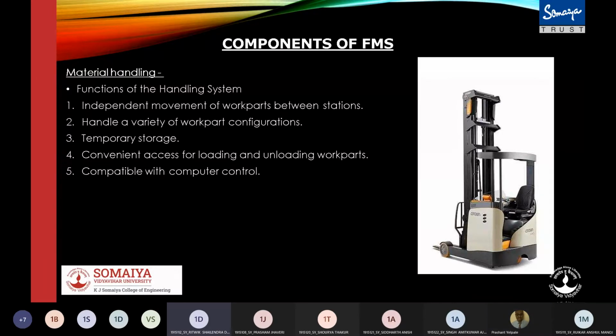They also handle multiple configurations, and are very important if there is any need of temporary storage or any extra backlog of storage. They are also essential for providing convenient access for loading and unloading between one workstation and another. And most importantly, they are compatible with and controlled by the main central computer control system.